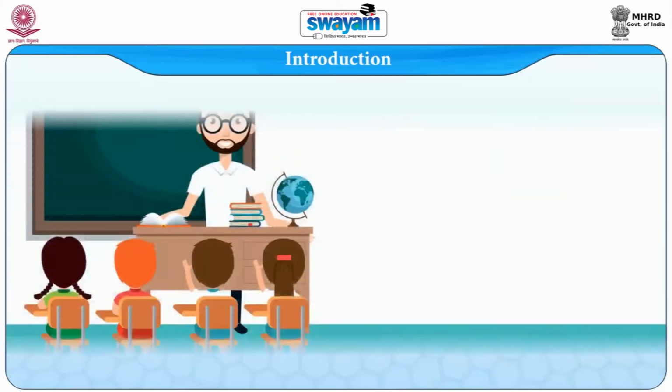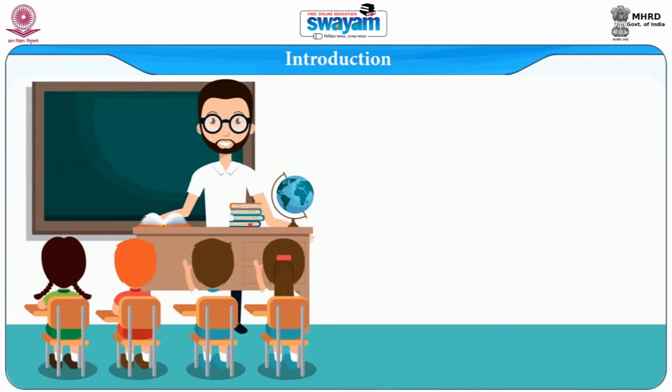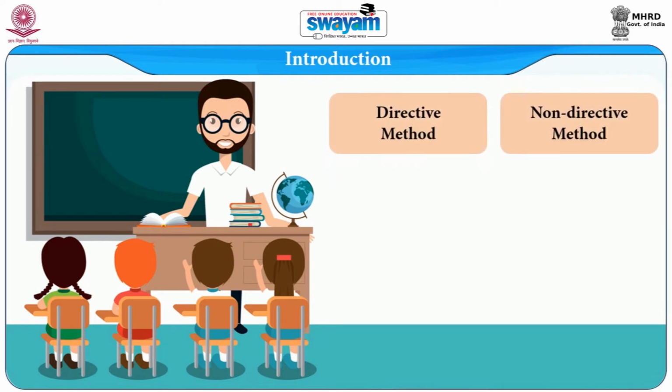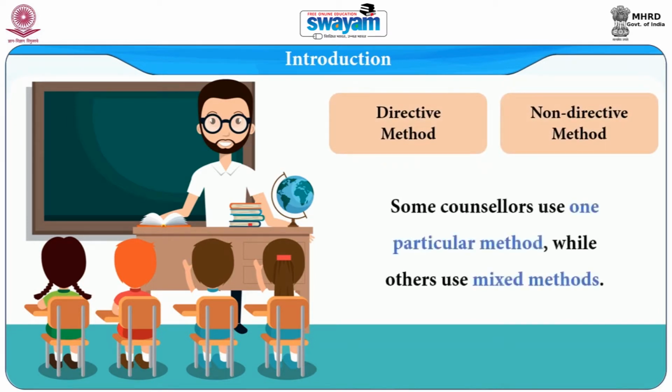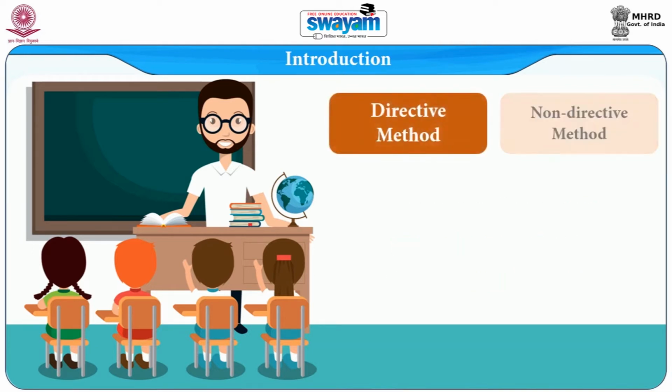One preliminary way to distinguish basic approaches to counseling is by viewing them as directive or non-directive methods. Some counselors use one particular method, while others use mixed methods. In the directive approach, counseling is understood as advising, guiding, directing, and teaching.